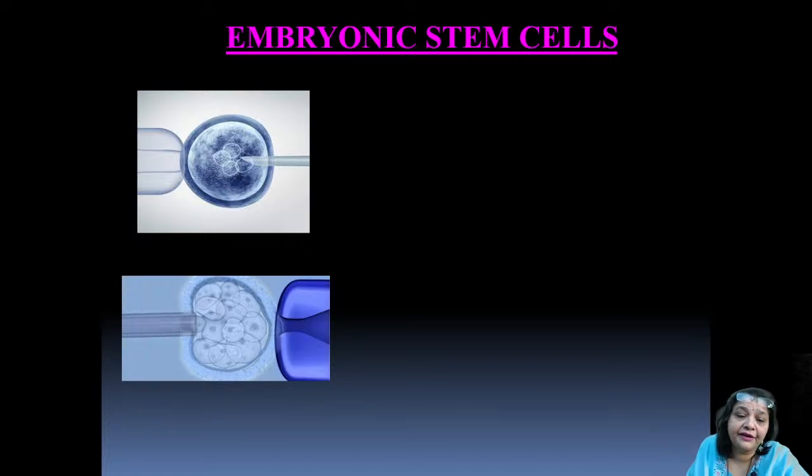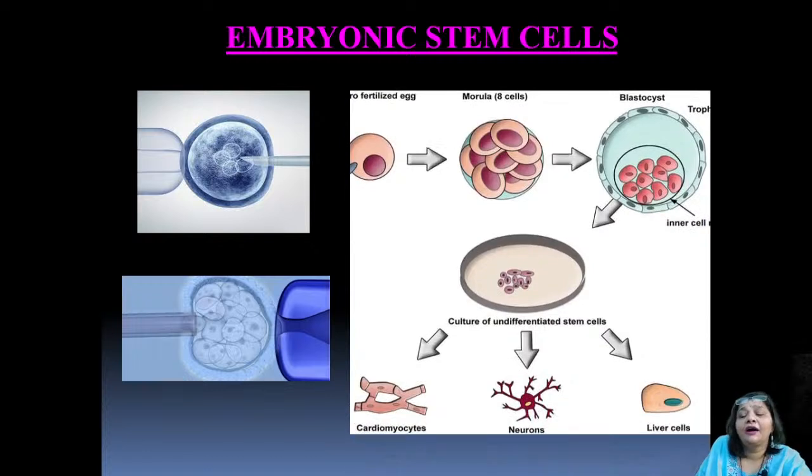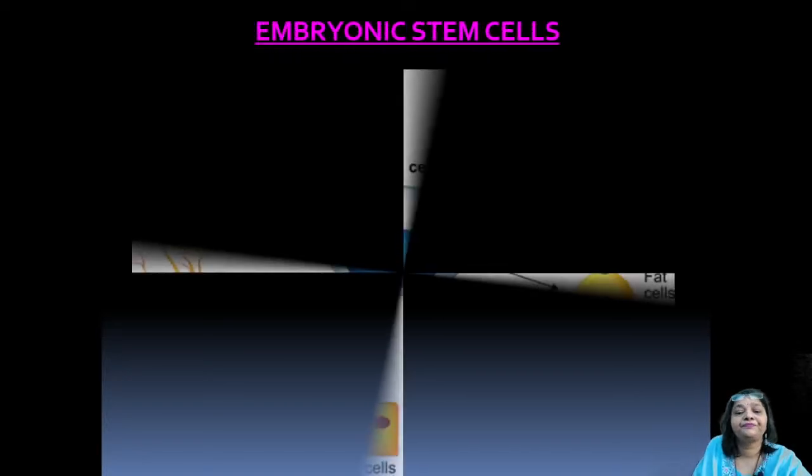You can see here the cells being collected from a 4-celled embryo, and not only that, from the morula stage, the cells can be collected and cultured in a nutrient agar medium, where the undifferentiated stem cells can slowly get differentiated into different types of tissues like the cardiomyocytes, that is the heart cells, the neurons, which are the brain cells, the liver cells, or any other desired type of cells can be grown in controlled conditions.